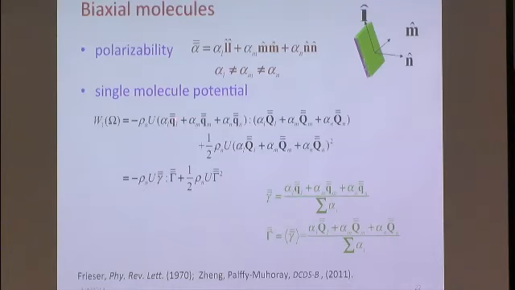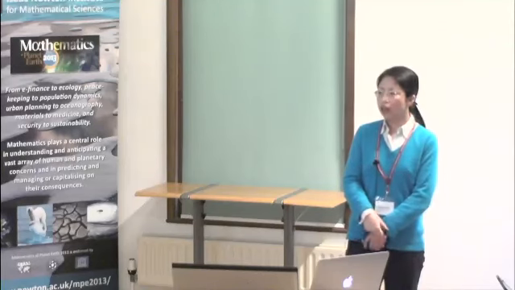We identify this, normalized by the sum of the alphas, to be our order parameter. The average of that is the order parameter. This works for biaxial molecules; the original work was done by Fraser in 1970, but his work used spectral tensors.